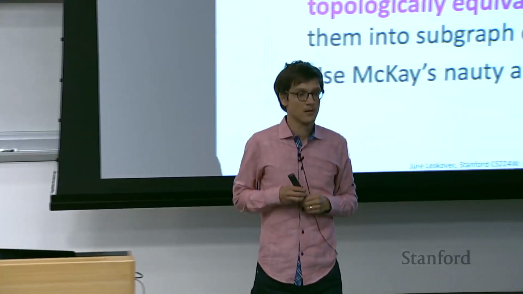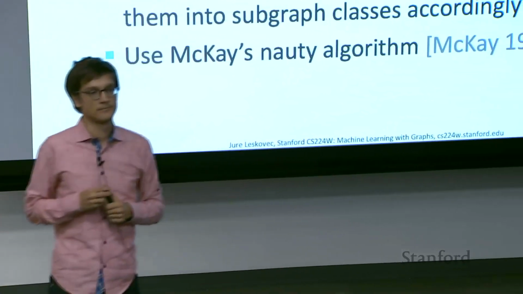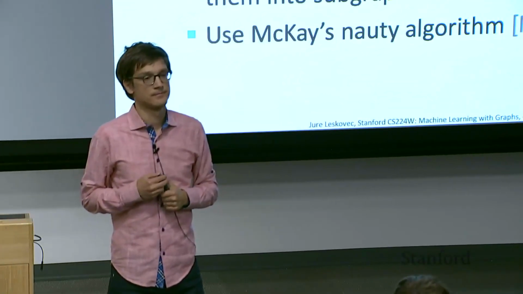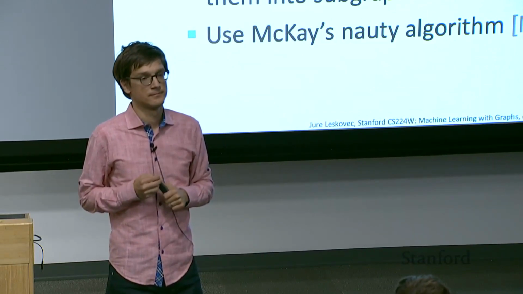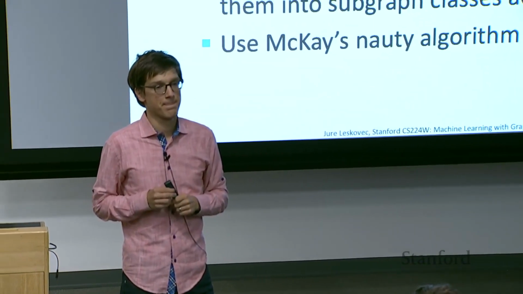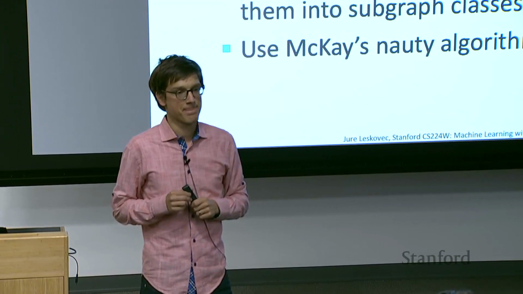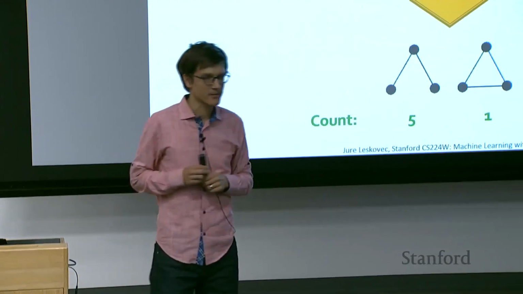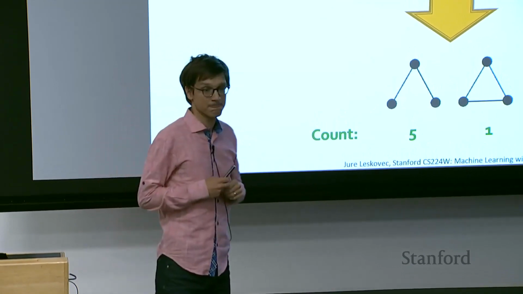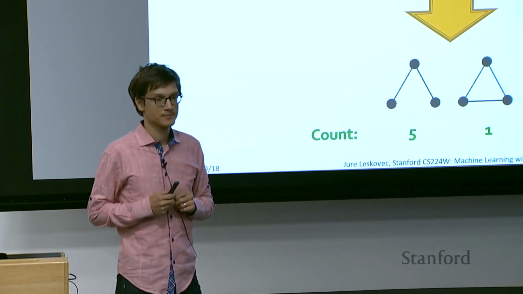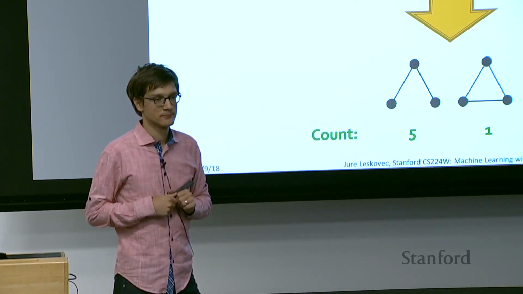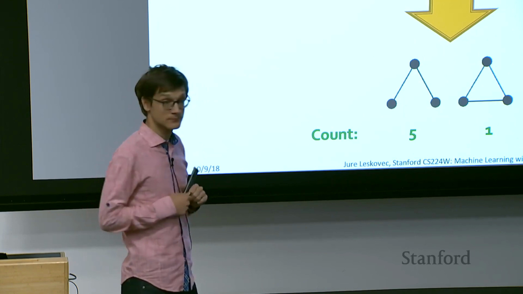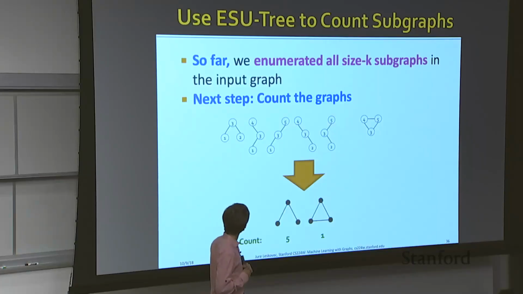Sorry, you had a question. So now that you're creating paths, the only time branches matter when you're trying to distinguish between isomorphic subgraphs is at the beginning and at the end. Is that correct? I'm not sure what you are saying. So in this example, you have 1, 3, and 4, the second graph on the left.